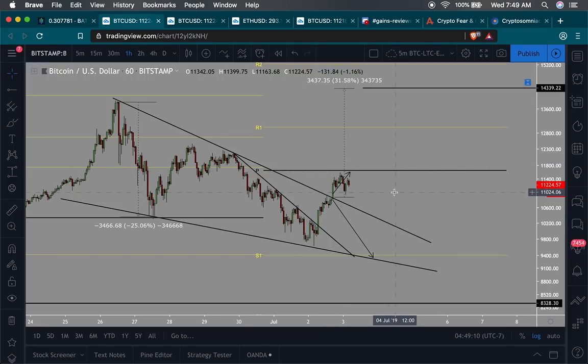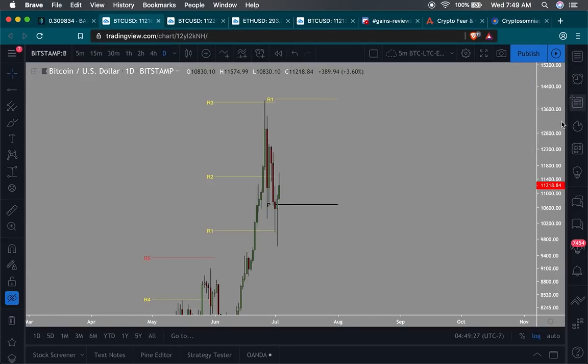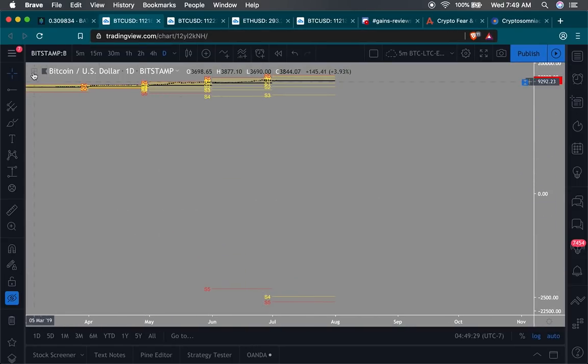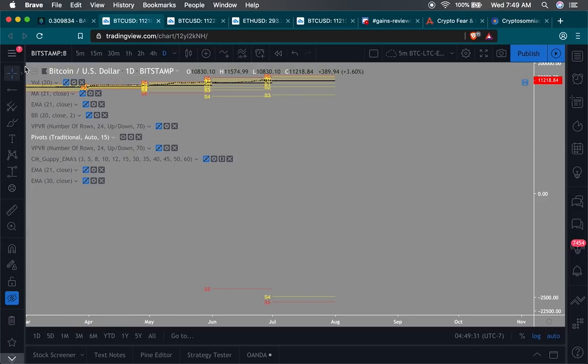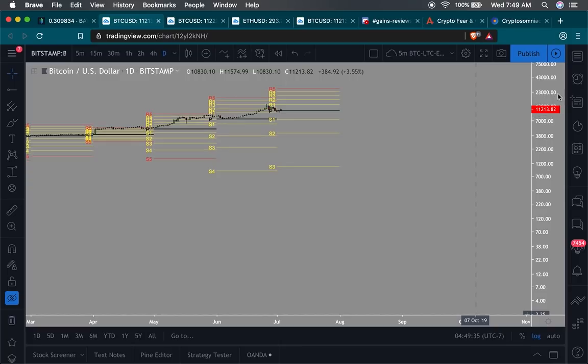I'm just giving you guys an idea that you have different options. You could ride the trend of the 1 hour, 2 hour, 4 hour time frames, which are the smaller time frames, or you could ride the trend of the daily, in my opinion, which is still bullish. There's the daily right here.